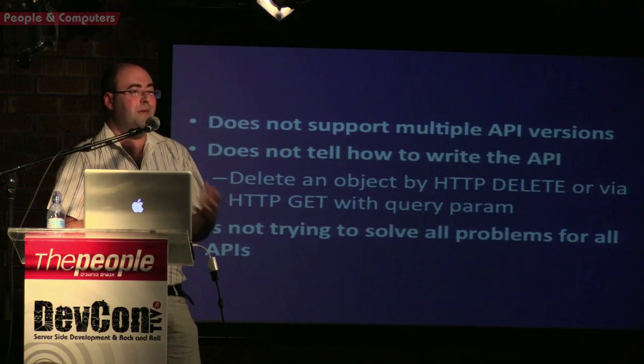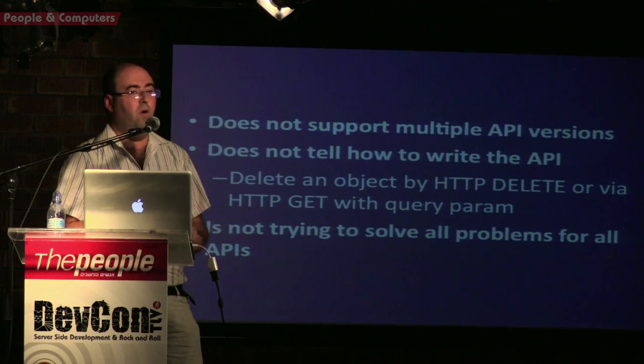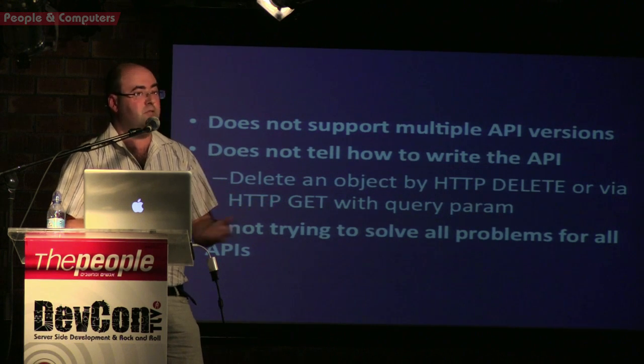You can just specify the structure of the API in the Swagger way however you've chosen to implement it. The basic philosophy of the Swagger framework is not to try to solve each and every problem for all the APIs that there are. There are some issues that they are just not trying to solve.